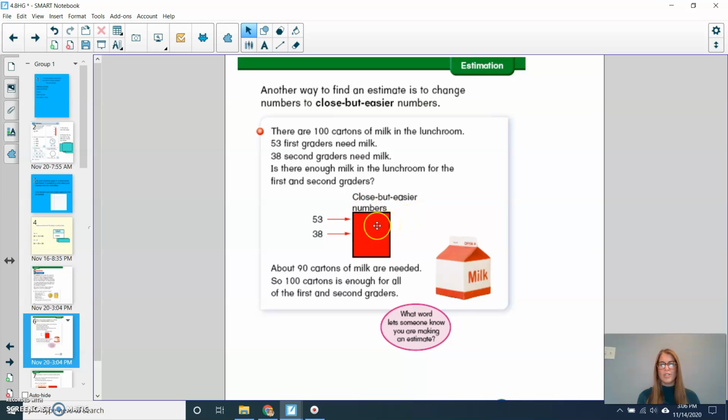So we're going to change to close but easier numbers. 53, I'm going to change that to 50. 38, I'm going to change that to 40. 50 plus 40 is equal to 90. So about 90 cartons of milk are needed, so 100 cartons is enough for all of the first and second graders.